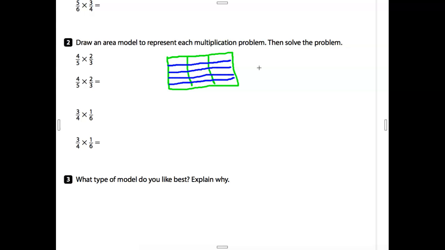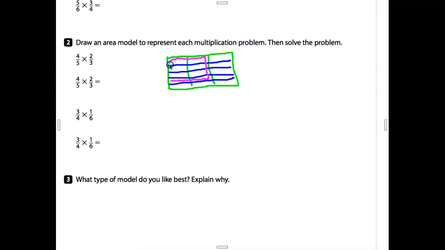All right, so 4/5 of 2/3. So here is 2/3. I'm going to change this to another color. Let's do pink. All right, so 4/5, 1, 2, 3, 4 of 2/3.